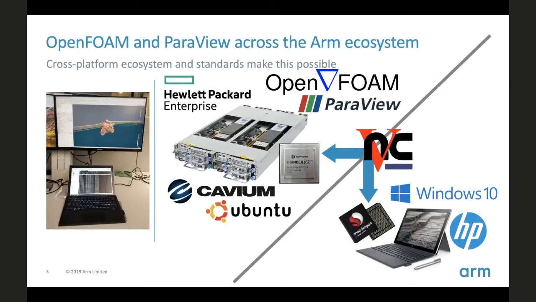So it was ARM on ARM. The whole thing was ARM architecture, but it was using the same software that you'd find anywhere else on x86 or whatever. The point is, when I'm talking about cross-platform, it's almost as if the architecture doesn't matter anymore.